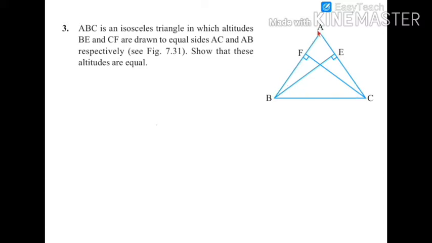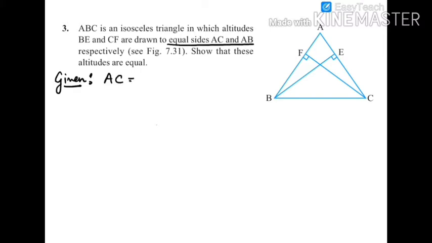ABC is an isosceles triangle in which altitudes BE and CF are drawn to AC and AB, which are the equal sides. So let's write down what information is given in this part of the question. ABC is an isosceles triangle with equal sides AC and AB.